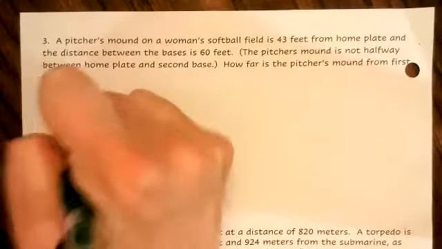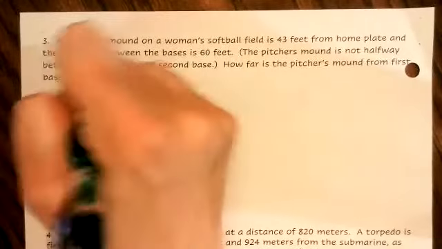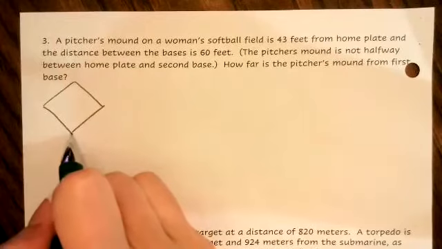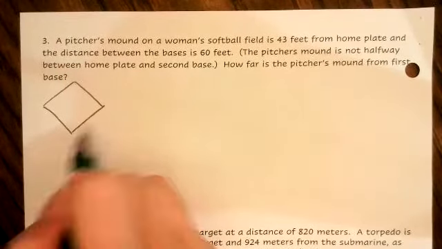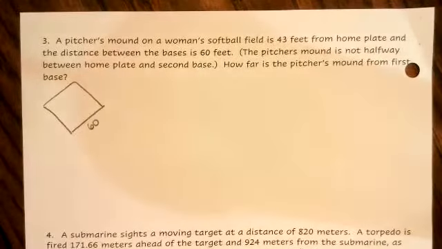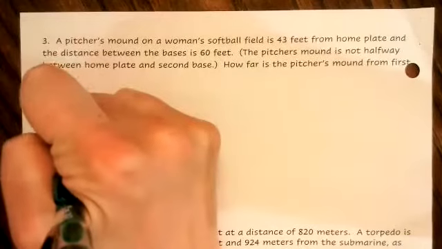So here is my baseball diamond. My home plate is right here, and then my first base is right here, and it says it is 60 feet from each other. So I know that part is 60. It says that the pitcher's mound is 43 feet from home plate.